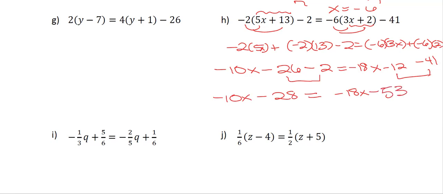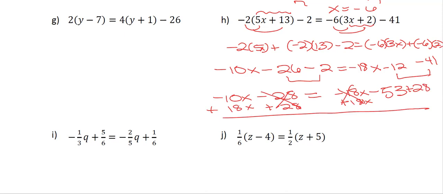Now let's get all of our variable terms on one side. So this is a -18. I'm going to add it to both sides. That went to 0. I'm going to go ahead and add this 28 to both sides, make it a 0. So now I got 18 minus 10 gives me 8x.